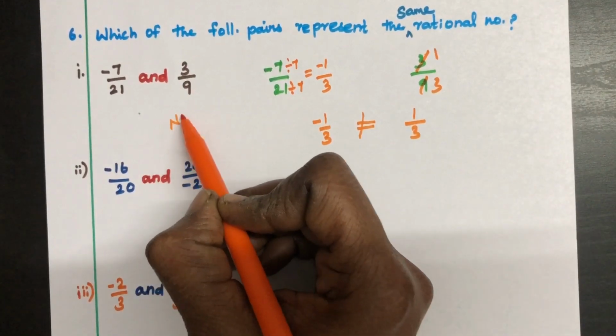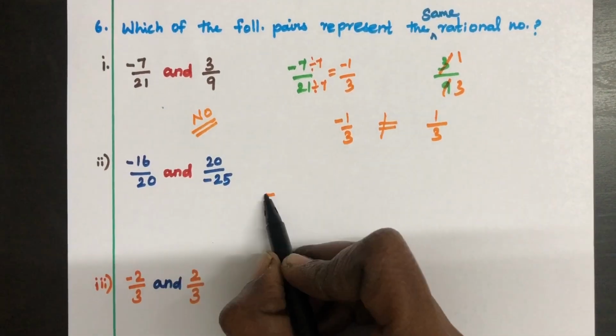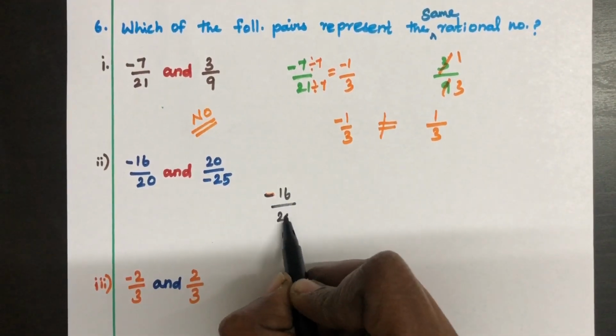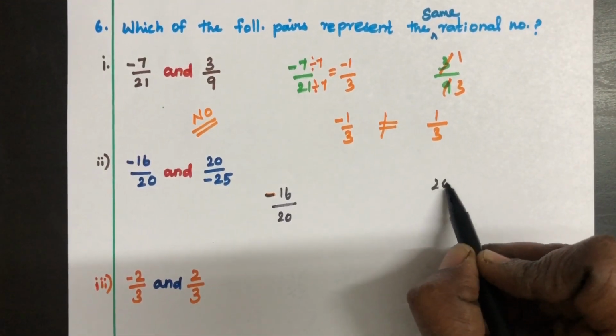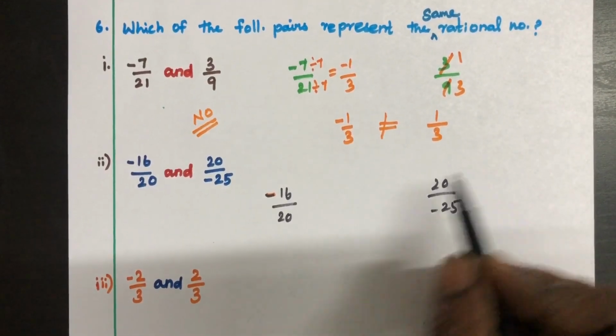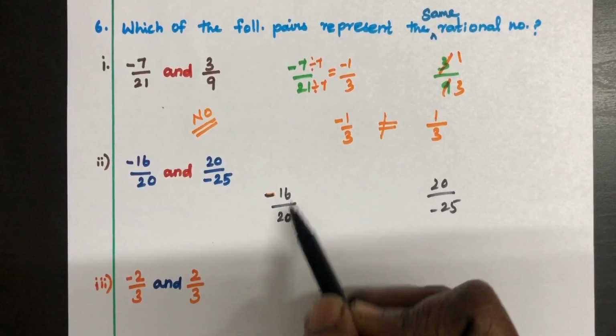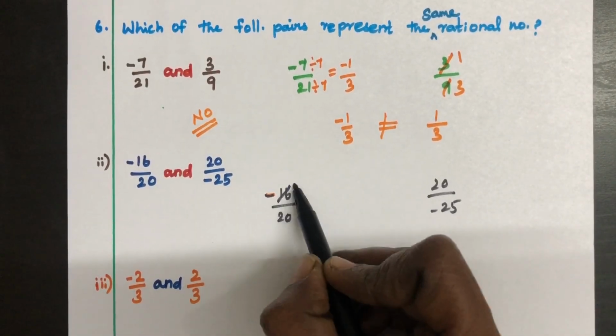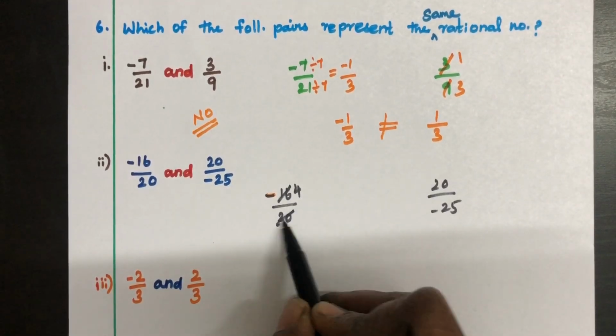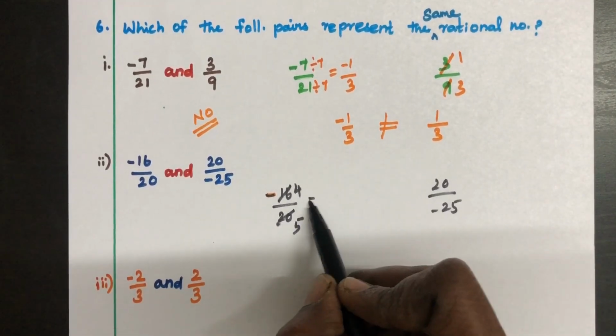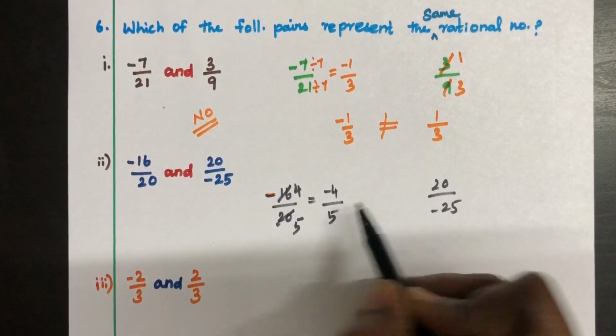So it is no. Next, minus 16 by 20 and 20 by minus 25. We are going to check whether it is the same or not. Just find the simplest form. Using 4 we can divide, no? 4 times 4, here 5 times. So this is minus 4 by 5.